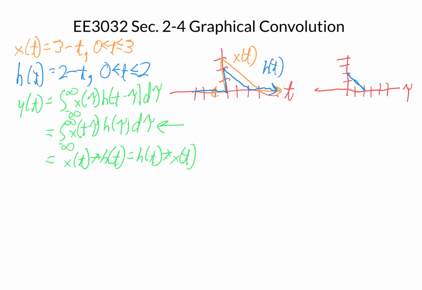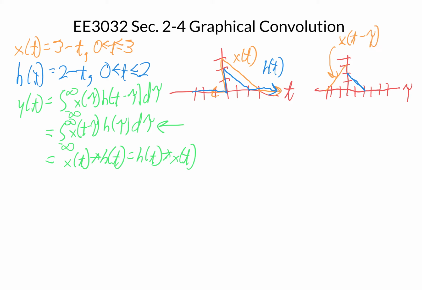So if I mirror it, I will end up with this function right here, starting at time tau is -3 and rising.